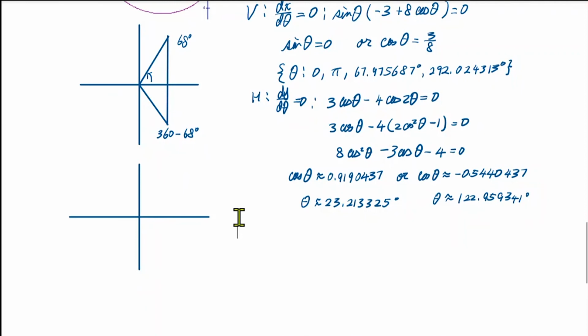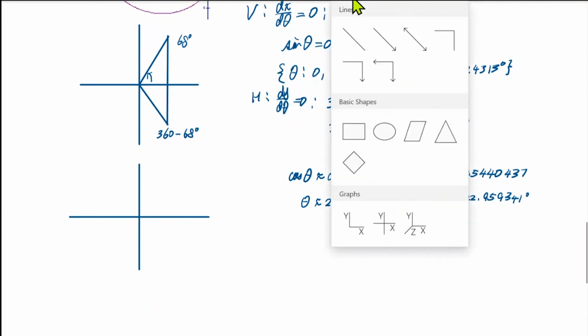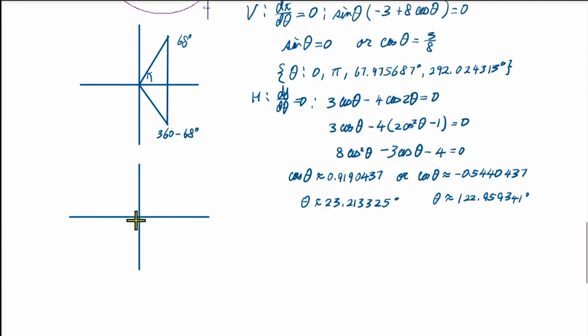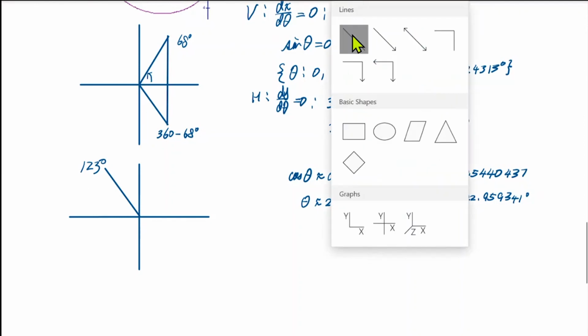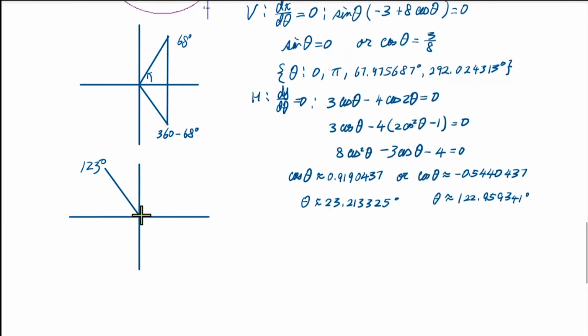Okay. So we got 122 correct, which is this one, somewhere here. This is 123-ish. And then 23 is this one, somewhere here, right?